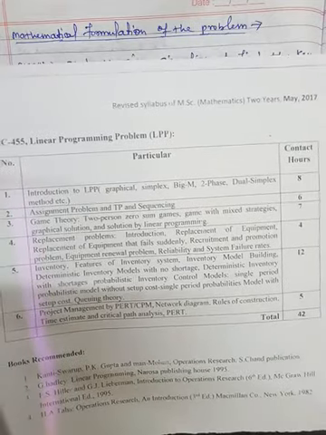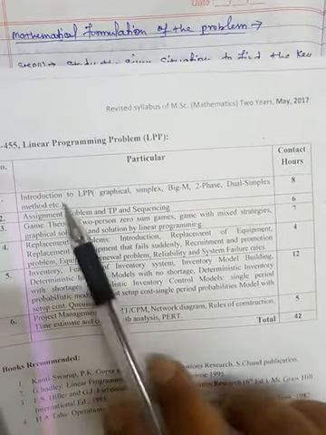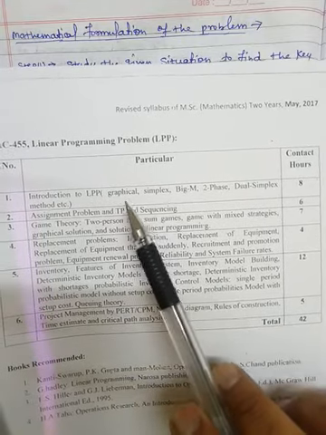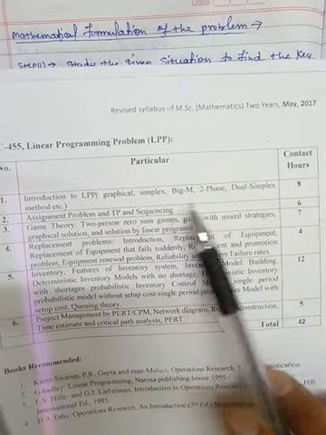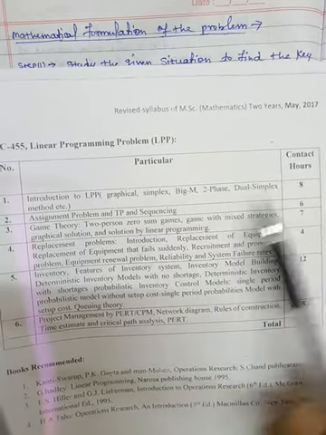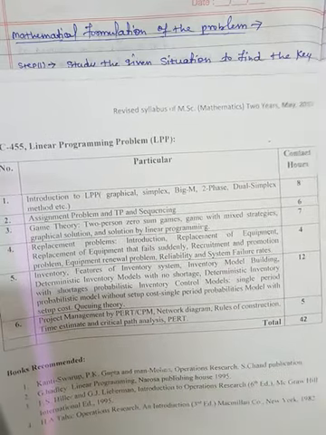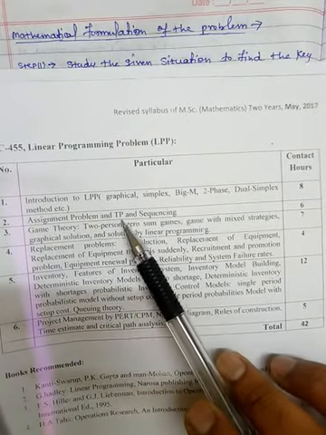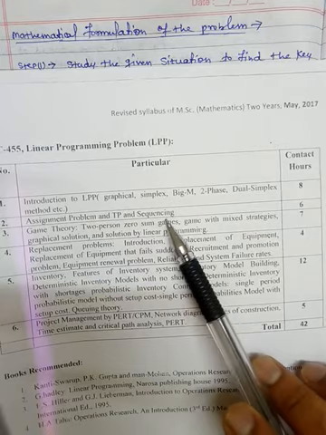Okay. So the first unit is basically the introduction to LPP. Here we will discuss graphical method, simplex method, big M method, two-phase method, dual simplex method, etc. In the second unit, we will discuss assignment problem and transportation problem and then job sequencing.